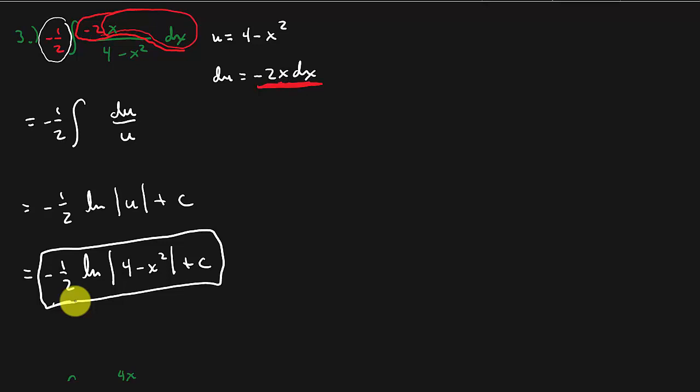But that's not the case. Remember what I said. If you have a fraction, if you can take the derivative of the denominator and that is in the numerator, then that would be natural log when you integrate it. Okay? Not because it's a fraction, but because the derivative of the denominator is in the numerator. That's what makes it natural log.